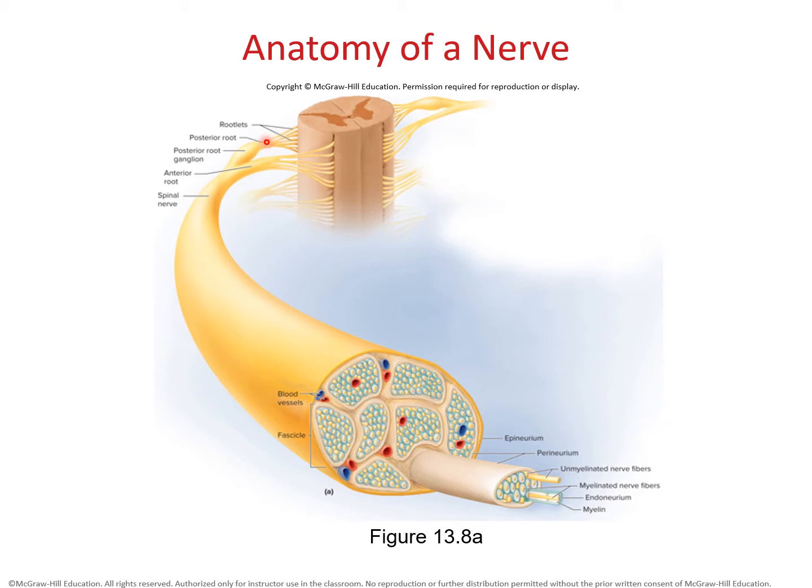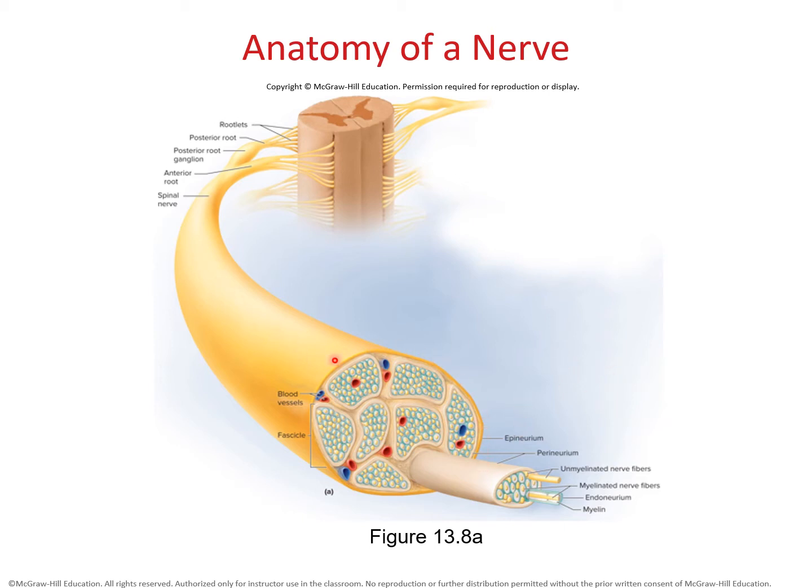We have the posterior root, also called the dorsal root. Anterior root, also called ventral root. When those roots are together in this area, we have what is called the actual spinal nerve. The spinal nerve is itself not very long because it's going to immediately branch into dorsal and ventral branches.